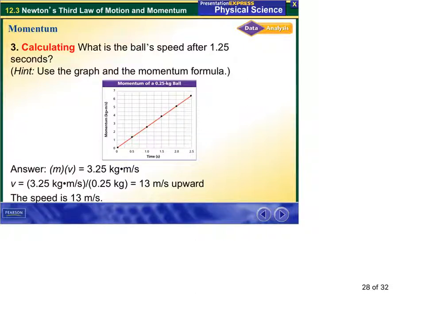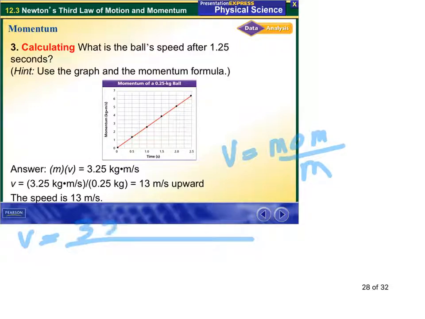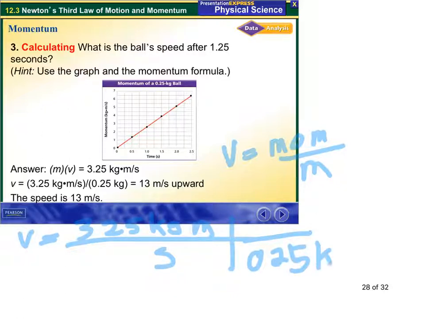To find the speed, speed is going to be momentum divided by mass. So the speed is 3.25 kilograms meters per second divided by the mass of 0.25 kilograms. Kilograms divide out, and we're left with 13 meters per second.